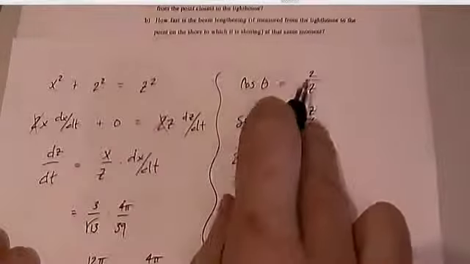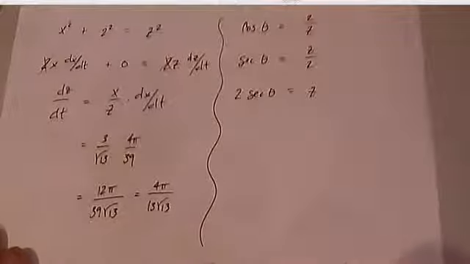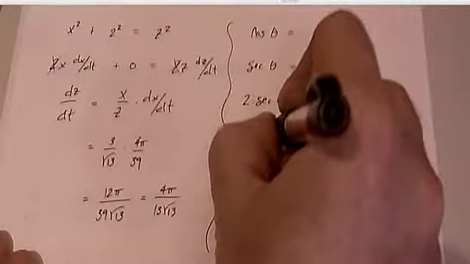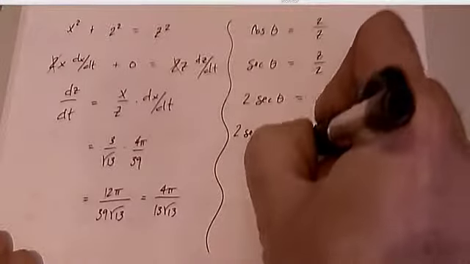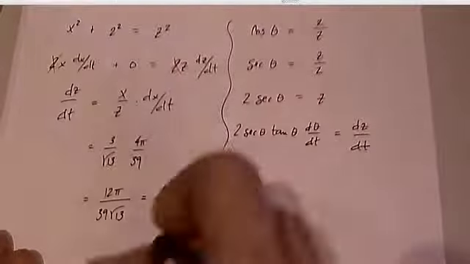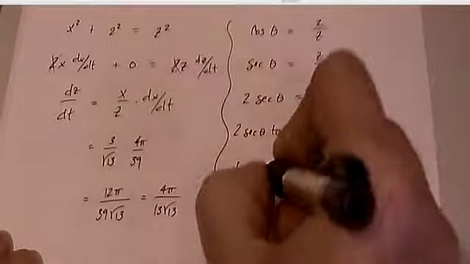Now, the only problem with doing it that way is the fact that secant becomes secant tangent, but the problem with doing it this way is z is raised to the negative 1. 6 of one, half a dozen of the other. Okay, so we have 2 secant theta tangent theta, d theta dt is equal to dz dt. And of course, dz dt is equal to 2.